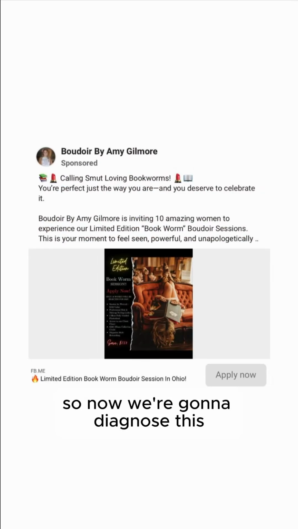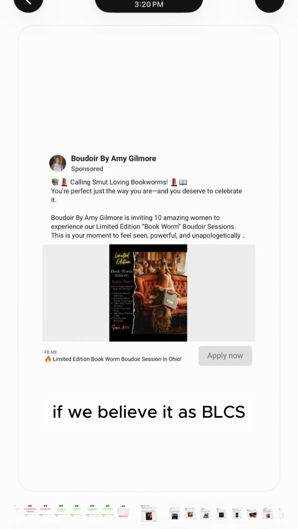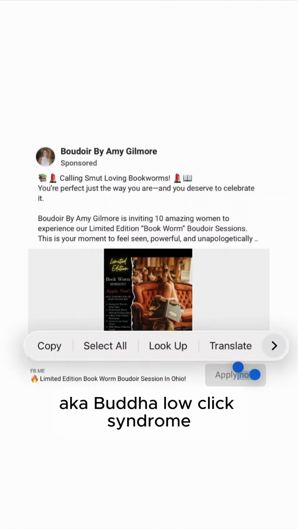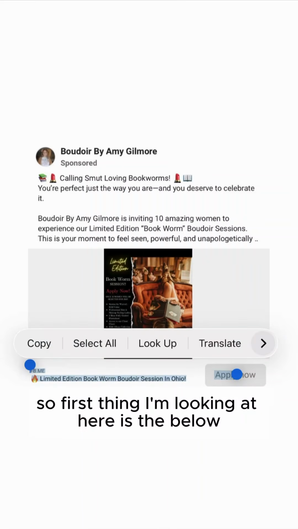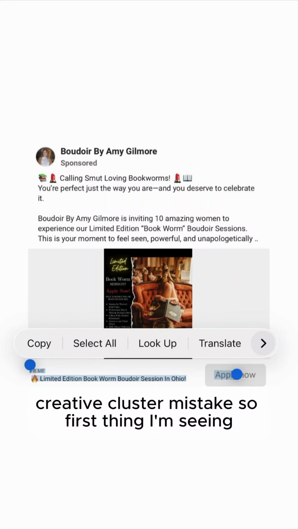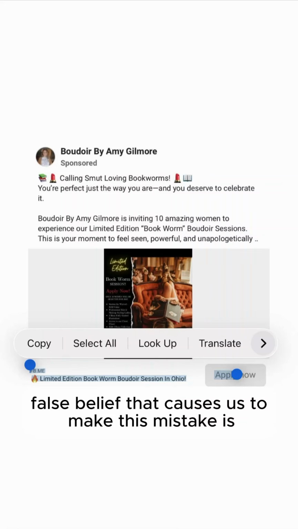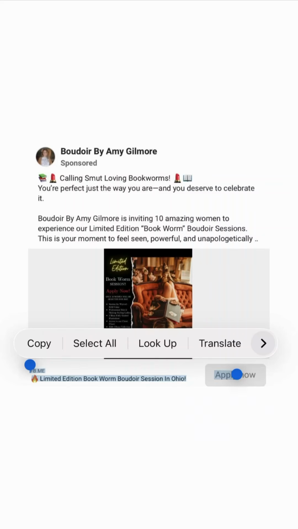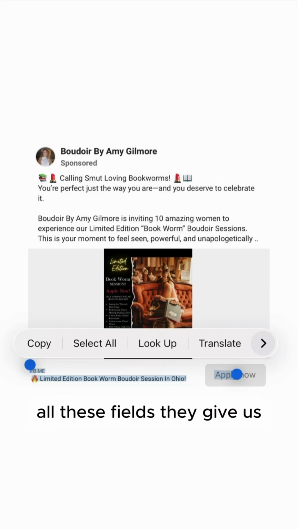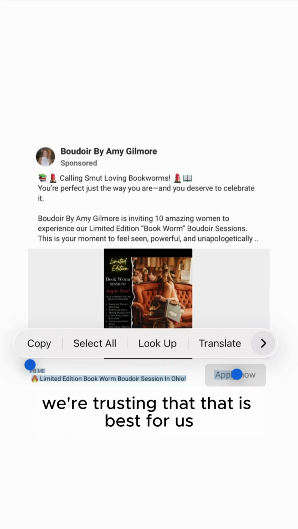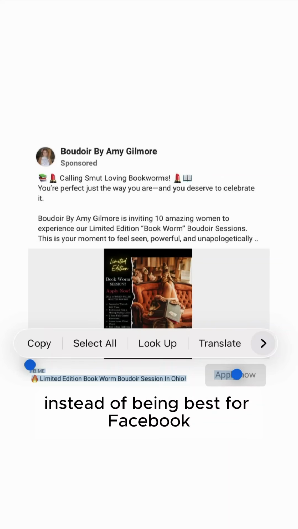So now we're going to diagnose this, if we believe it has BLCS, aka Boudoir low click syndrome, with a unique CTR under 6%. So the first thing I'm looking at here is the below creative cluster mistake. The false belief that causes us to make this mistake is we're trusting that what Facebook recommends for us to fill out in our ads, all these fields they give us, is best for us instead of being best for Facebook.